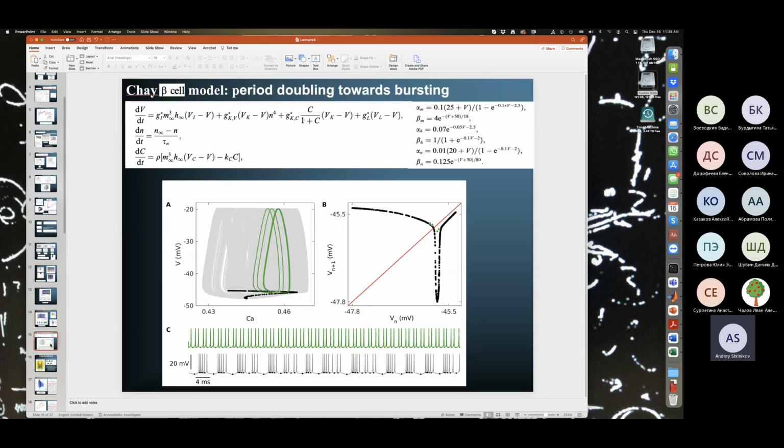Now this is the chain model. Okay, by the way, just to tell you what's called beta cells. Beta cells in the human body, they're responsible for what's called insulin secretion. Insulin, okay, for diabetics, it's a crucial thing, right?